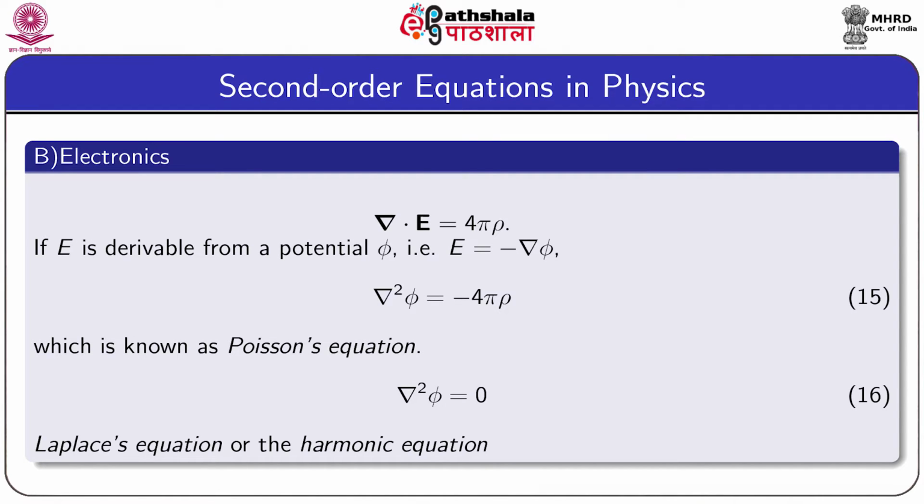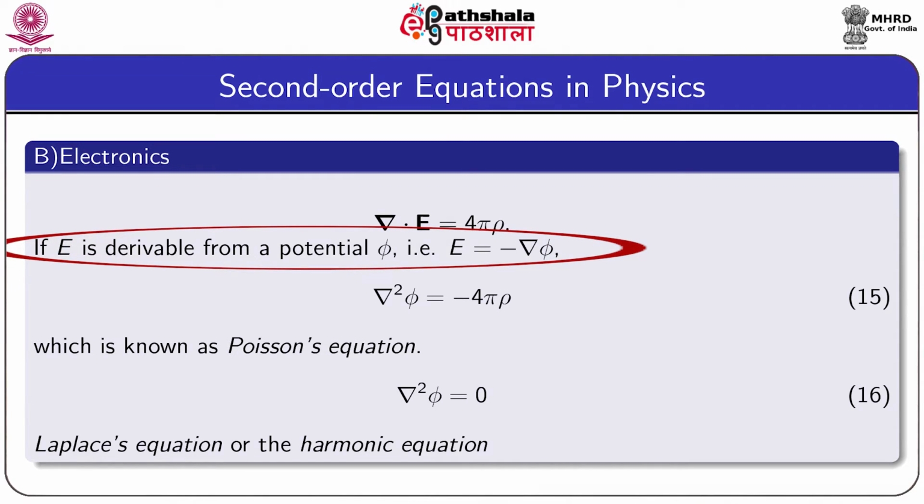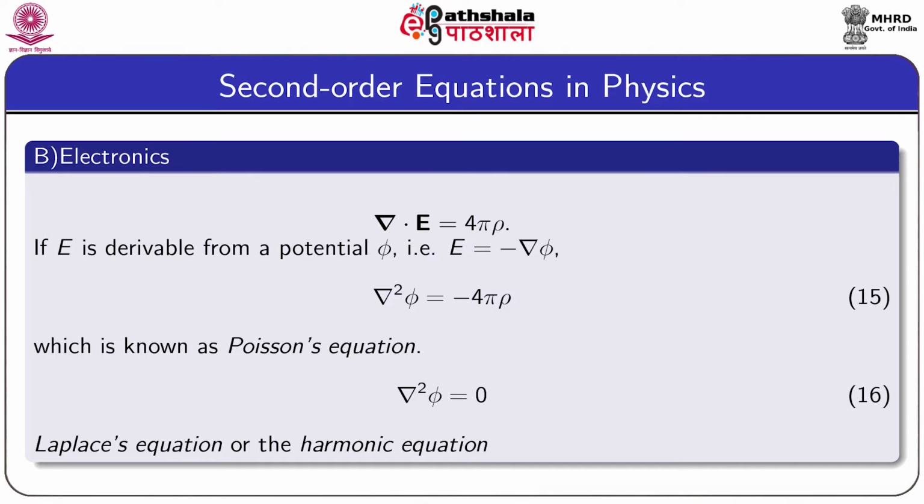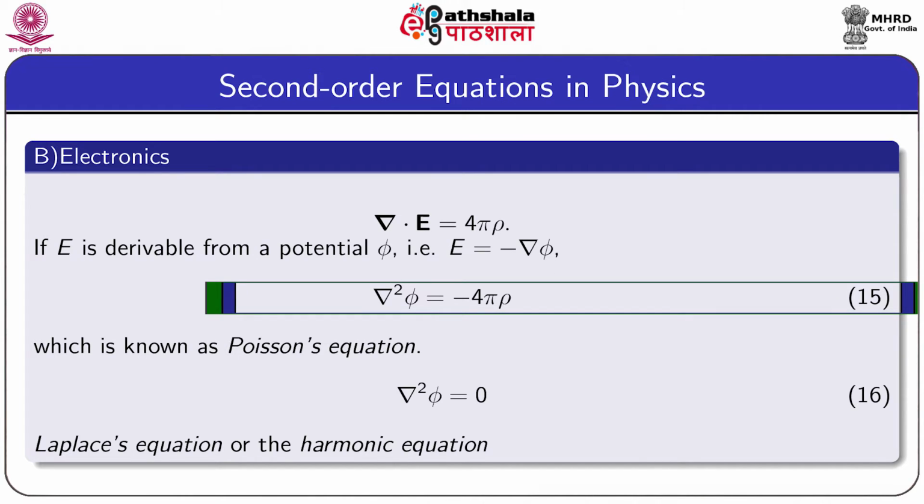Now, if we assume that E is derivable from a potential phi such that E equals minus grad phi, then substituting this expression in the above equation, we get equation number 15: grad square phi equals minus 4 pi rho.